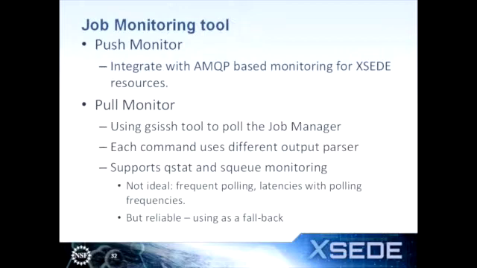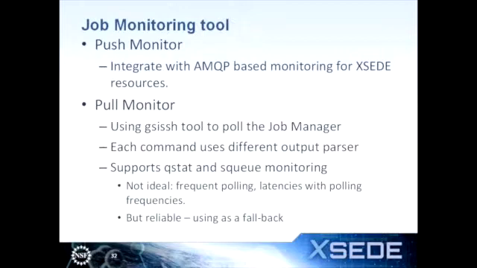The other approach we had was pull monitoring, where I communicate with the resource and continuously poll for the status by giving the job ID. There are multiple ways we can do this. We can poll the status based on the user to minimize the load on the head node.